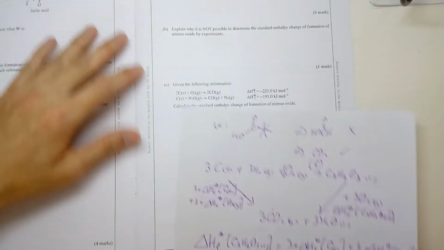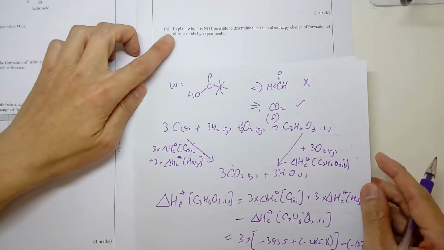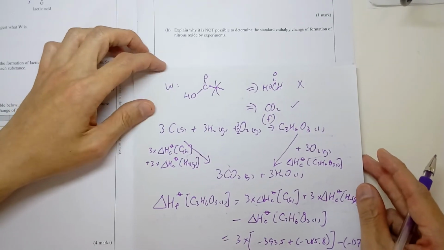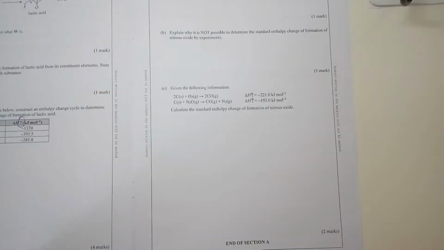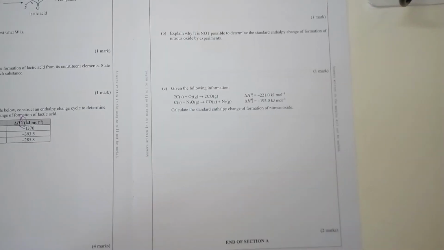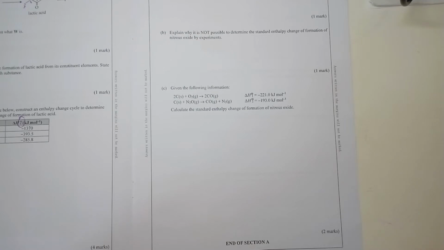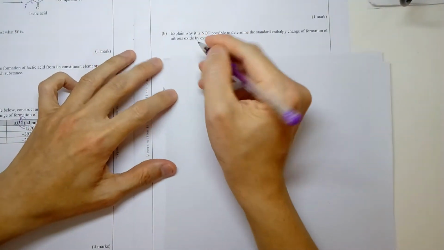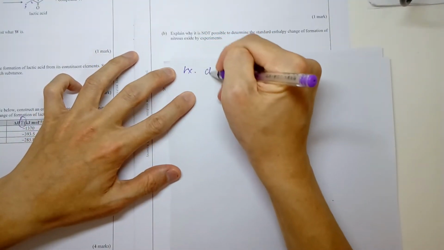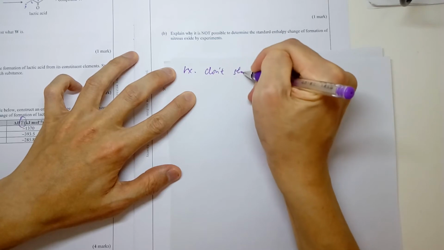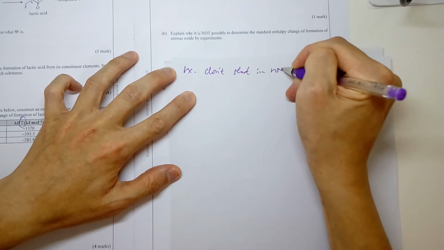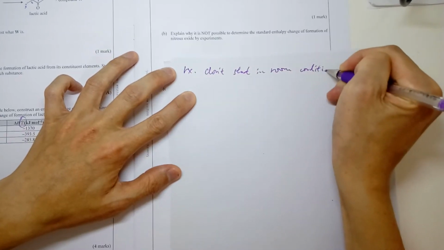Part B. Why is this not possible? Again, many of you just give me the answer: because a side product is formed. Well, yes, but please let me know what kind of side product is formed if you use this idea. The better idea is, first, the reaction does not start in room condition.